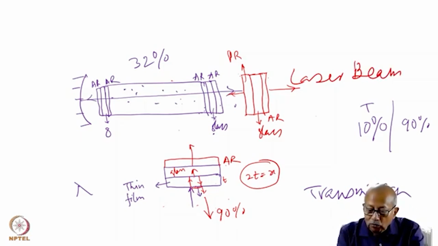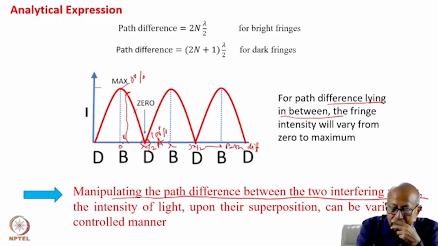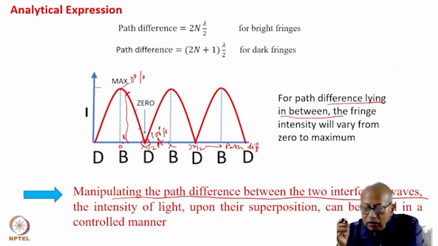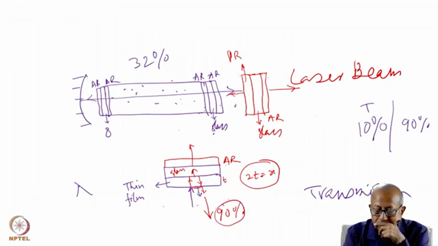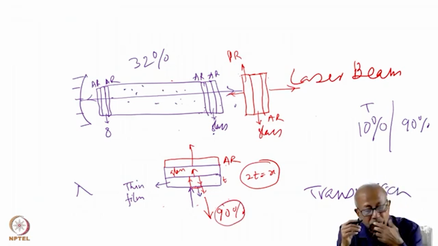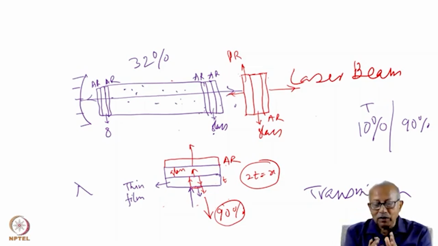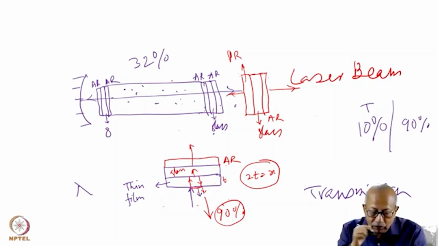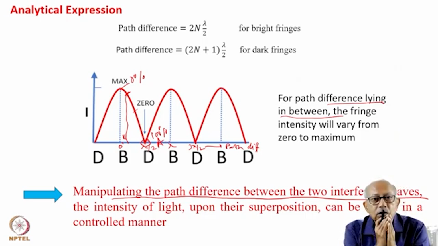So if you now vary this thickness, and if you can vary this path difference, then you can essentially vary the reflectivity. And in principle, you can choose any reflectivity. However, something that I have not told you is that for this total annihilation, the intensity of the two beams should be the same.